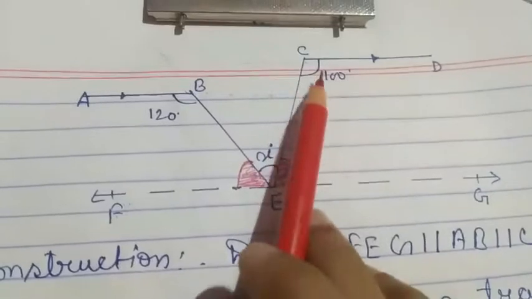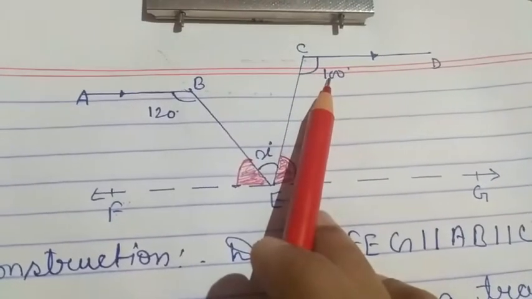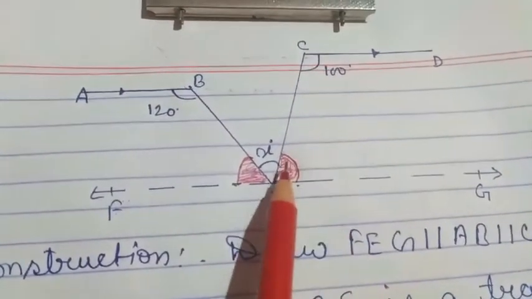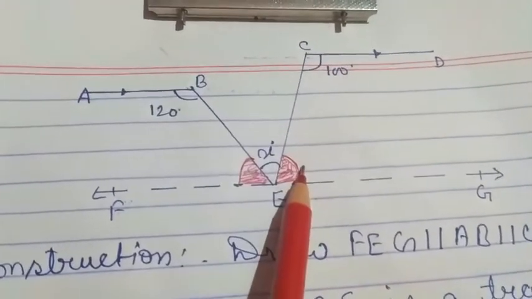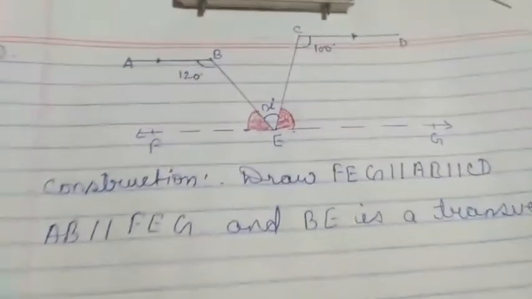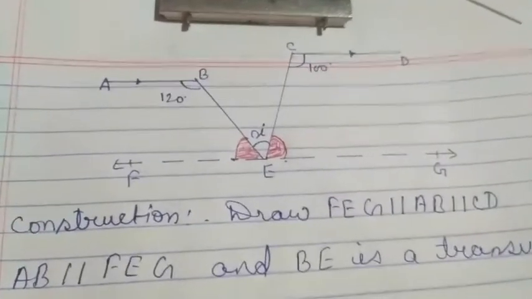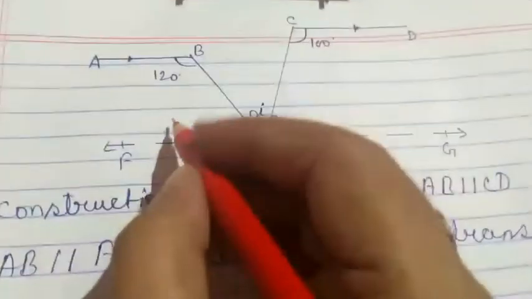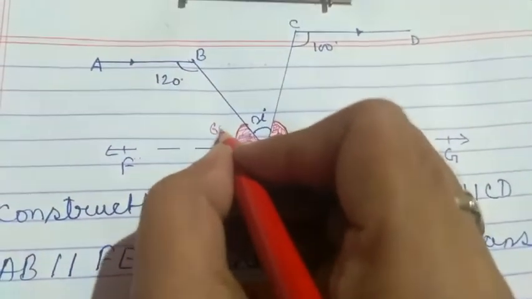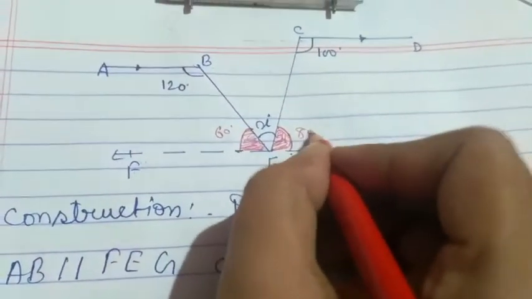So again, the sum of both angles is 180 degree. So one angle you know, 180 minus 100. So this one is 80 degree. Understood? So whatever I am telling here, I have to solve. Okay. So 60 degree and here is 80 degree.